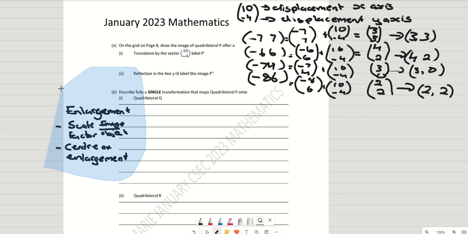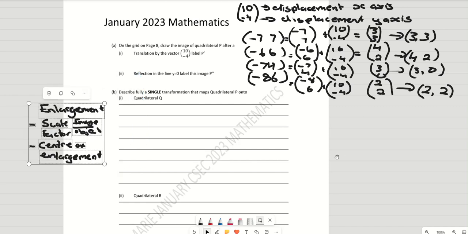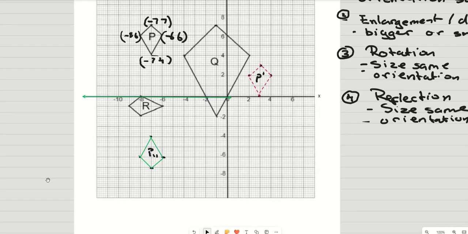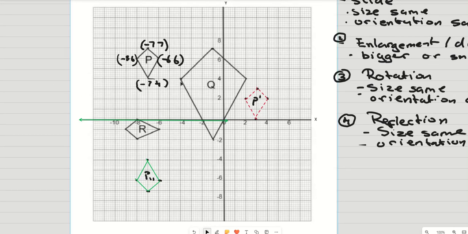Let's just shift this around. Right? So first off, let's find out our scale factor. Now, scale factor, again, is your image over your object. So let's get your image as Q. We can say the length from the top point to the bottom point is 1, 2, 3, 4, 5, 6, 7, 8, 9.